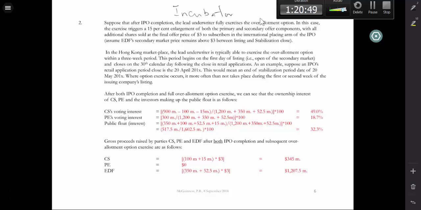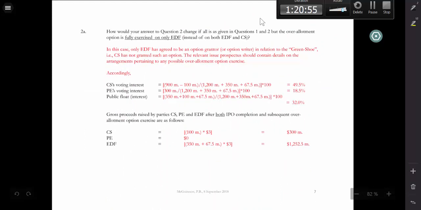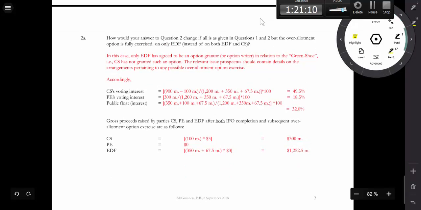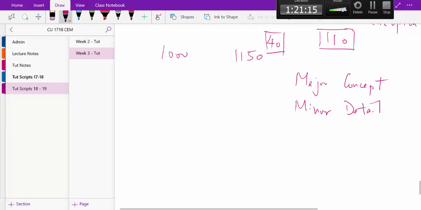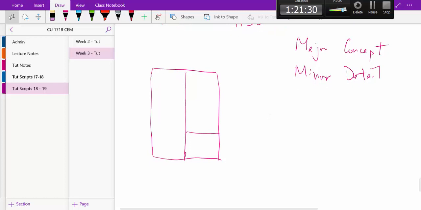Before I dive into the details, I can tell you that these problems are variations on a theme. The theme is you have a company which already exists, and there are existing shareholders, and now maybe they want to do an IPO.